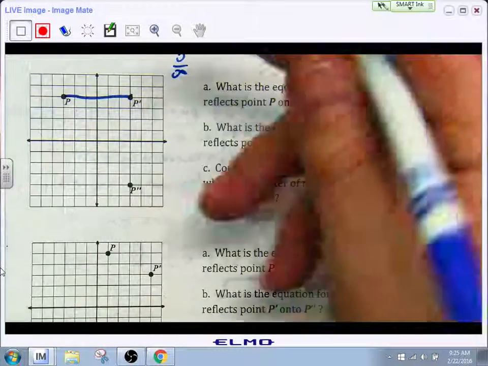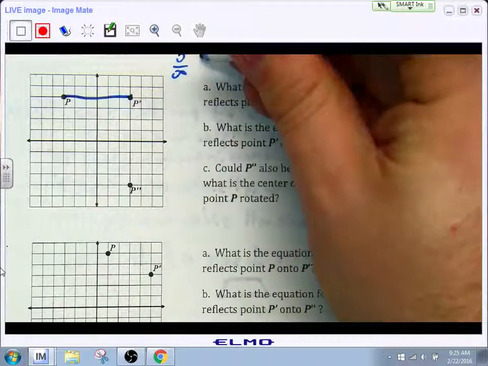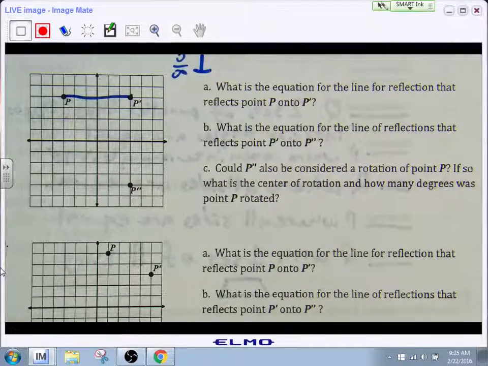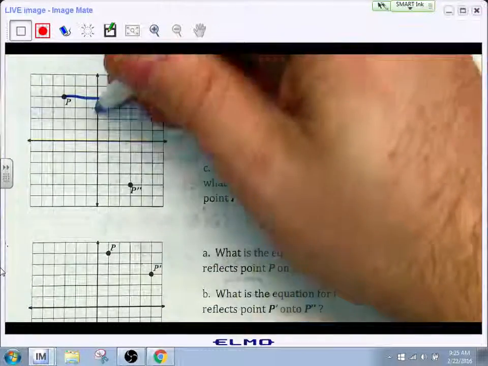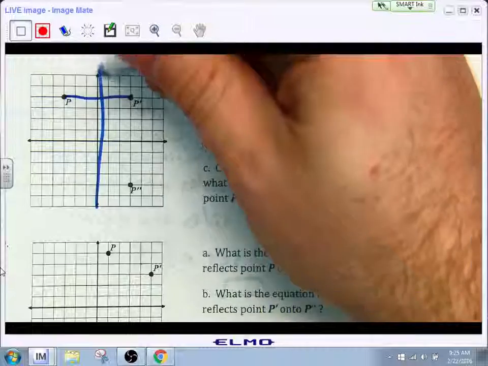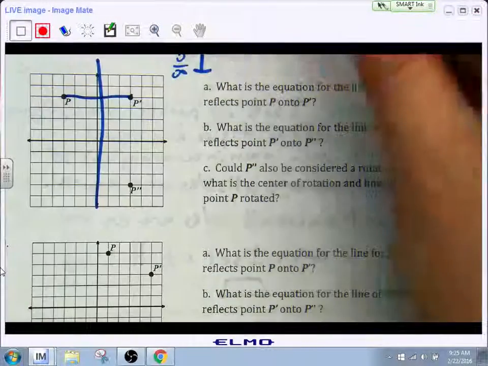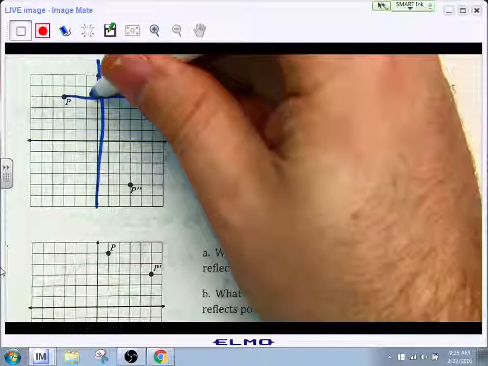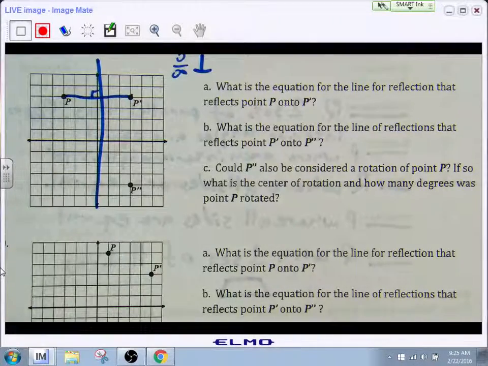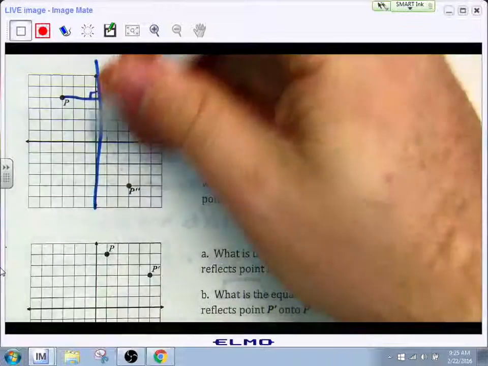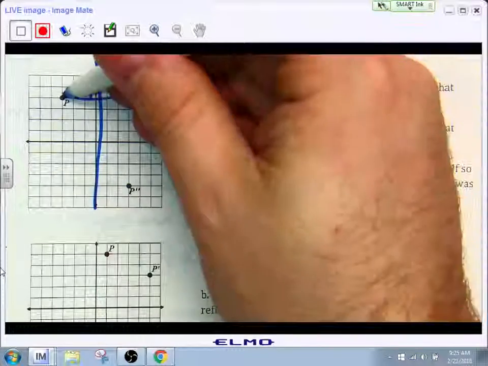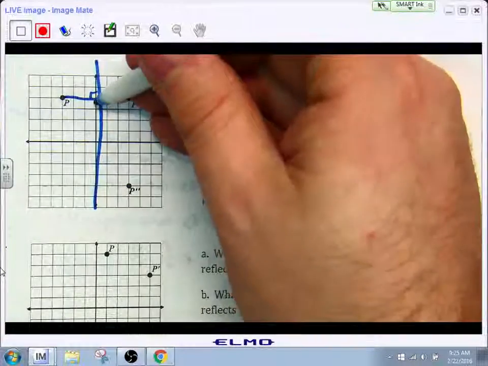If I were to invert that to find a perpendicular, that becomes undefined, because now I have this vertical line going on infinitely, but being divided by 0. But by our base agreement that horizontal and vertical lines are perpendicular, that's going to be my line of reflection. It's 3 away from P, it's 3 away from P prime.